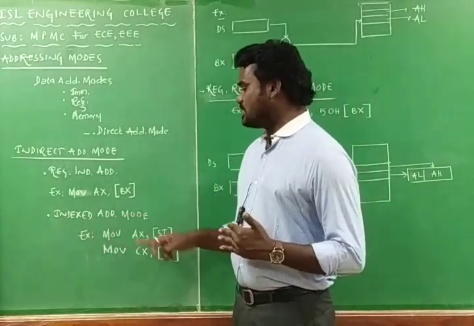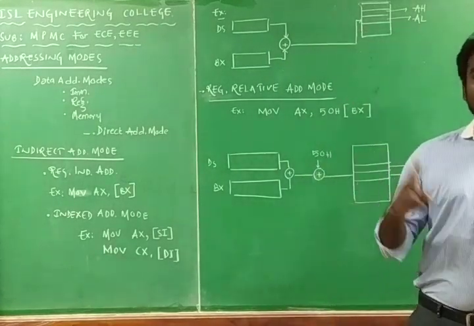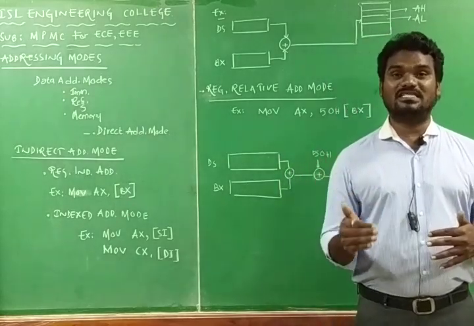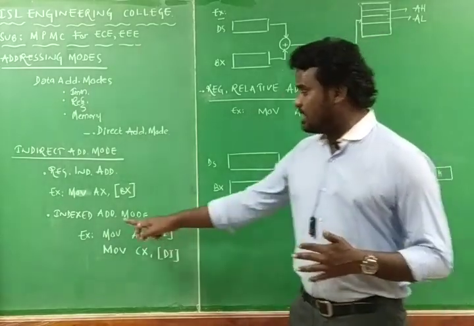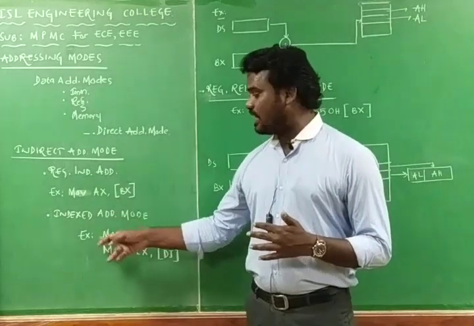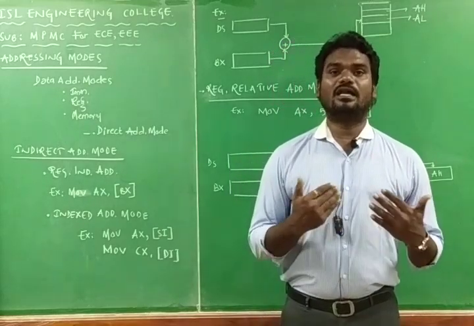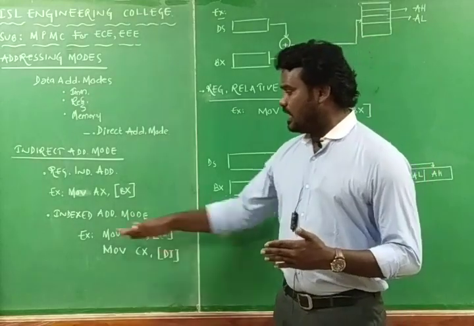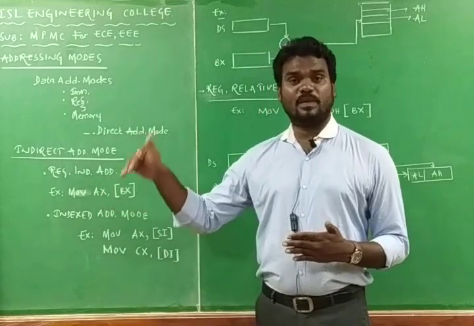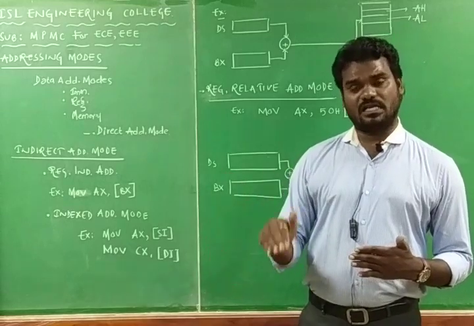Next is the indexed addressing mode. We have discussed the register organization of the 8086 microprocessor. It has two index registers: the source index register and the destination index register. In this case, the offset address is specified in any one of the index registers, that may be the source index register or the destination index register.